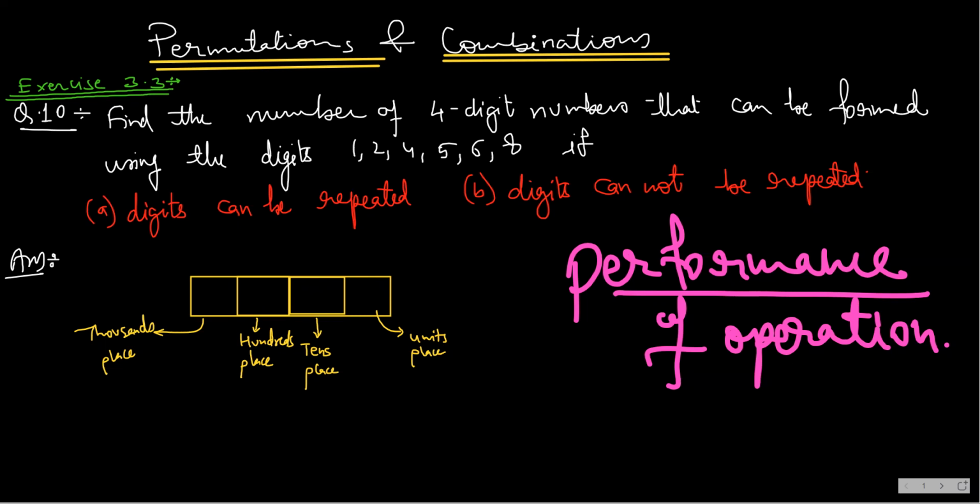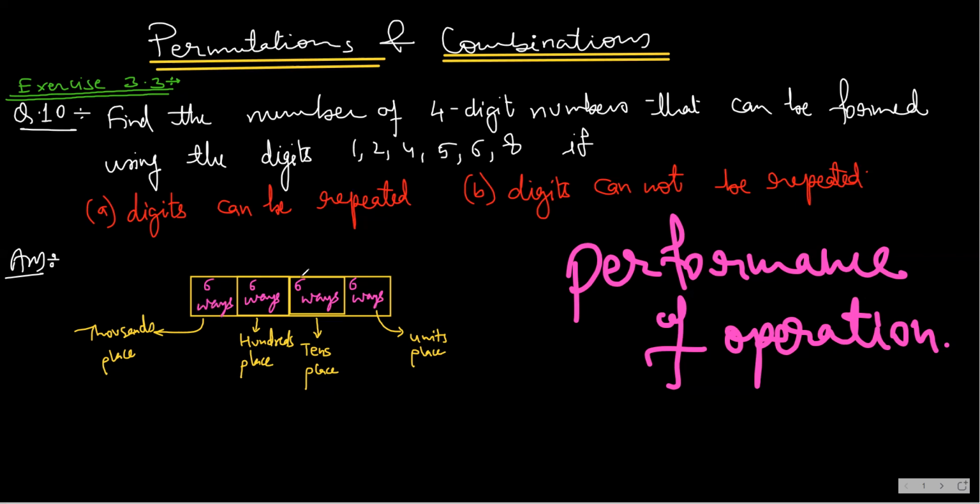So the units place can be filled in 6 ways. The tens place can be filled in 6 ways. The hundreds place can also be filled in 6 ways, because the digits can be repeated, and the thousands place can also be filled in 6 ways.